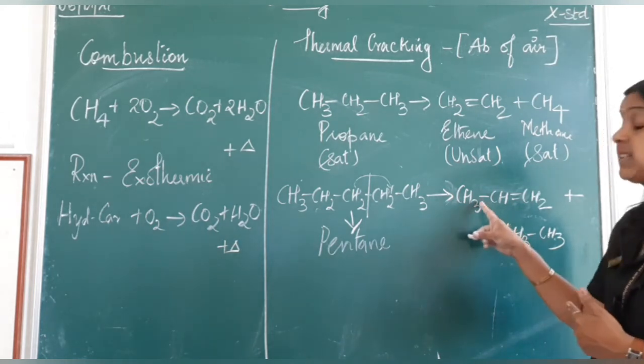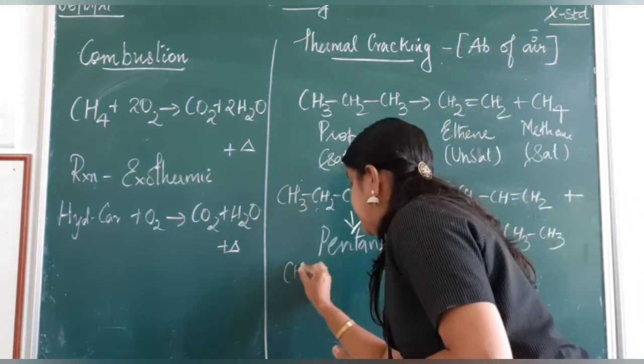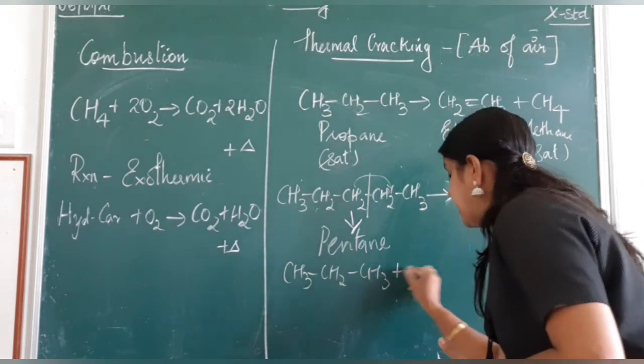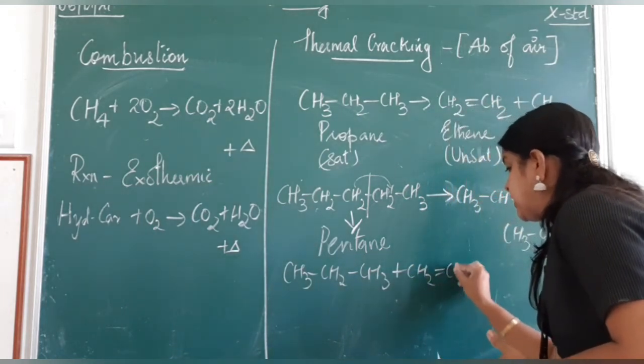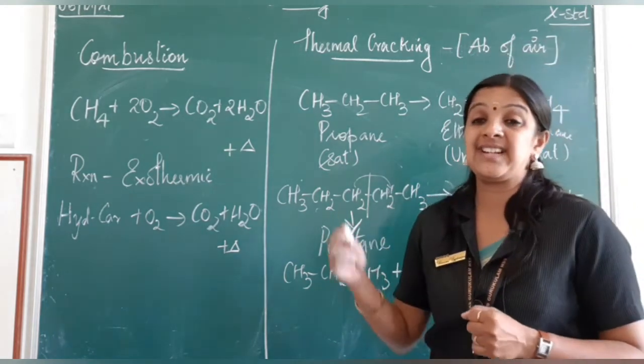Or if I want the 3 to be saturated and 2 to be unsaturated, I can get CH3, CH2, CH3, propane, plus an unsaturated CH2 double bond CH2, that is ethene.